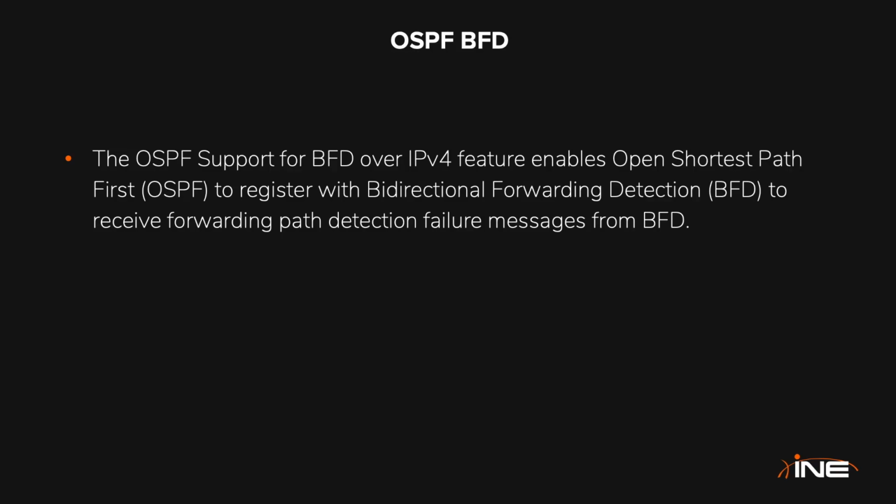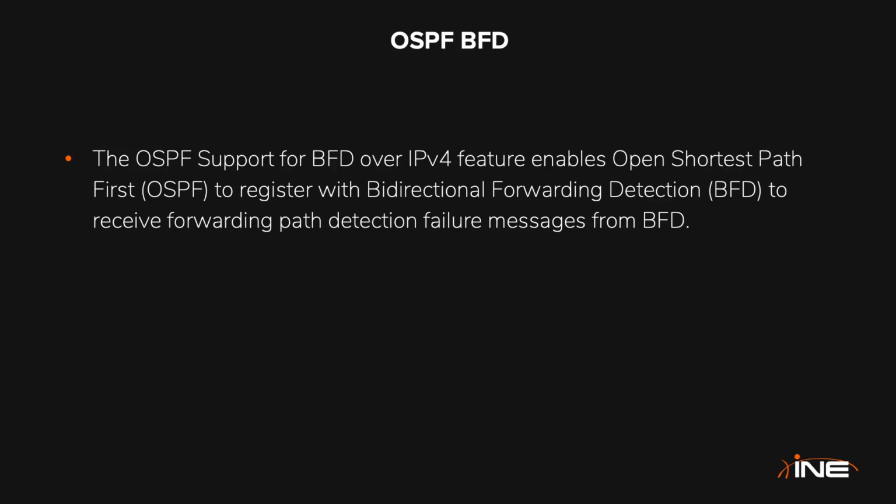So what exactly does BFD do? How does it function? Well, BFD has its own control plane where it sends BFD control messages to the remote peer. If the remote peer does not respond back in the respective amount of time, then BFD instructs the routing protocol, which is OSPF, which would basically register with BFD, to kill the neighborship.